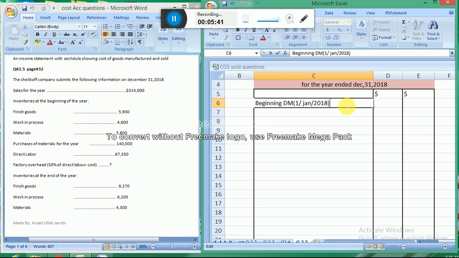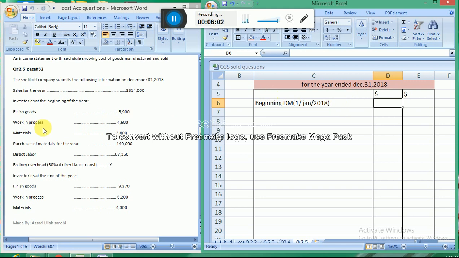When 2017 ends, the ending inventory of 2017 becomes the beginning inventory of 2018. So beginning direct material is how much? If we look at the question, inventories at the beginning of the year, material is 3,800.